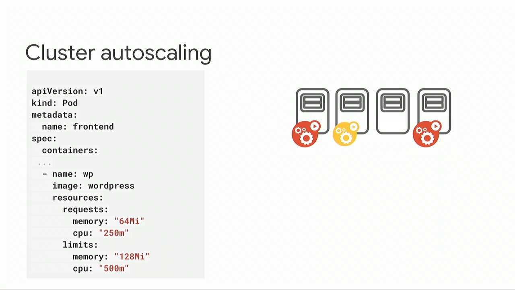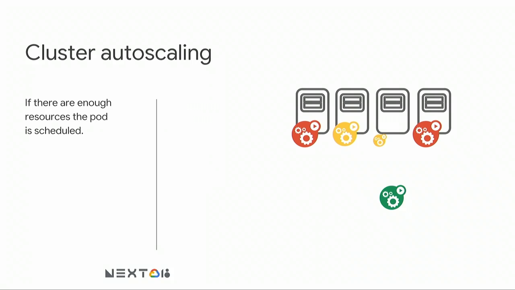So what you have here is a scheduler. In a normal situation, the scheduler is looking at the pod requests and placing the pod on a node. If there are enough resources on a node to deploy a pod, it simply happens.